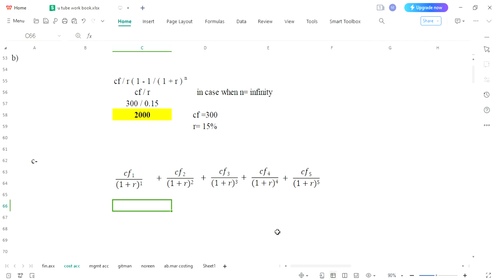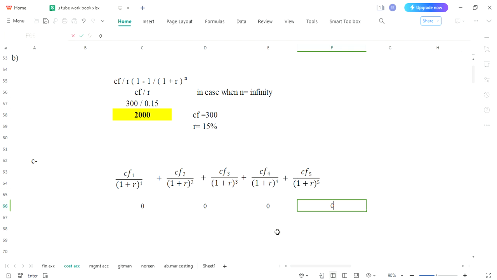It means the answer of the first cash flow would be 0. The answer of the second cash flow would also be 0. Third cash flow you will get 0 answer. Fourth cash flow you will get 0 answer. And for the fifth cash flow we are posting the amount.